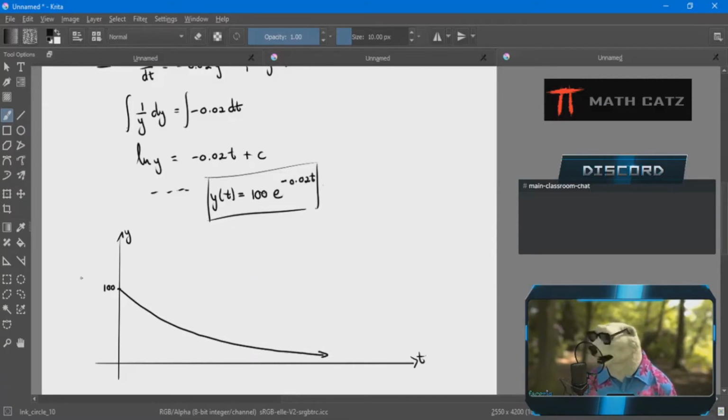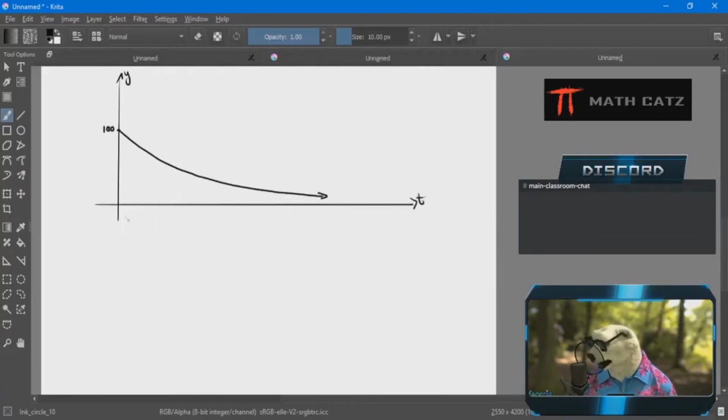And then, especially in the radioactive decay section, this second type of problem, we have the concept of half-life. So for me to go from 100 down to 50 is going to take some length of time.